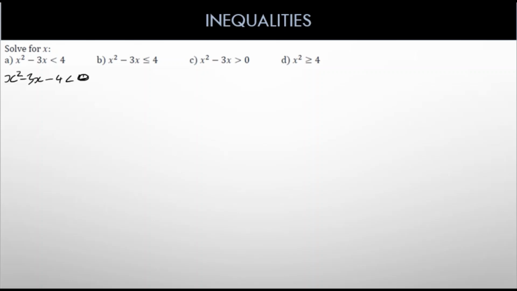So now we have to factorize this, and this is going to be x plus 1, x minus 4 is less than 0. And instead of getting values, you are getting your critical points.